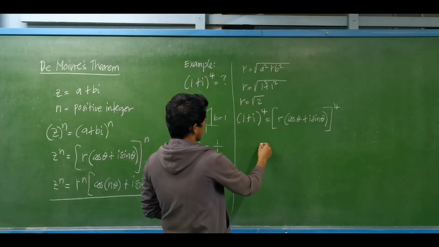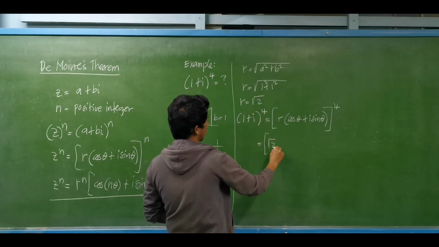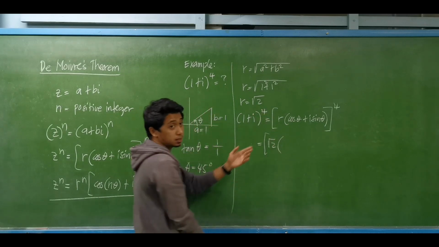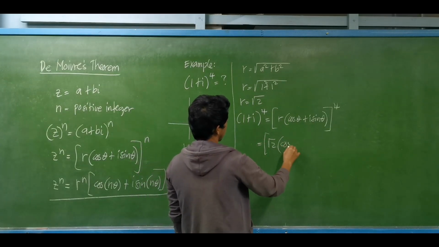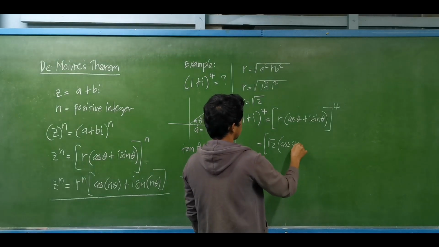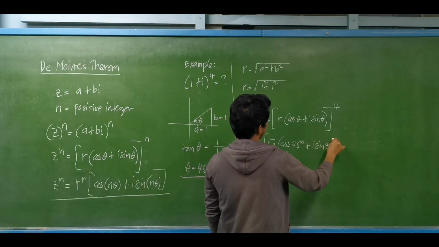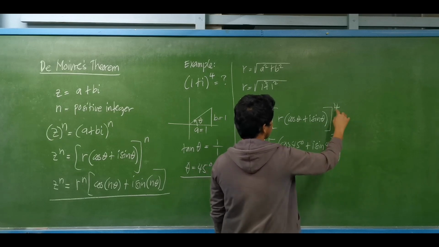What is our modulus? That is the square root of 2, multiplied by the quantity cosine of the argument, that is 45 degrees. We have cosine of 45 degrees plus i sine of 45 degrees, this value raised to 4.